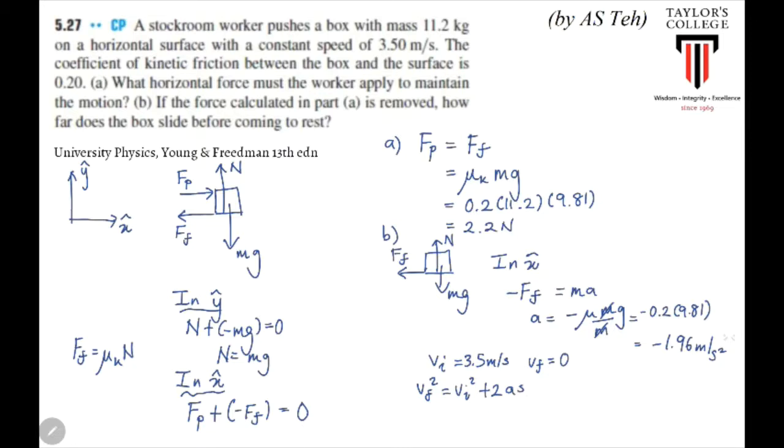With v final equal to 0, I can rearrange this formula to S equals negative v initial squared over 2a, which equals negative 3.5 squared over 2 times negative 1.96, and we get a value for the displacement or distance of 3.1 meters.